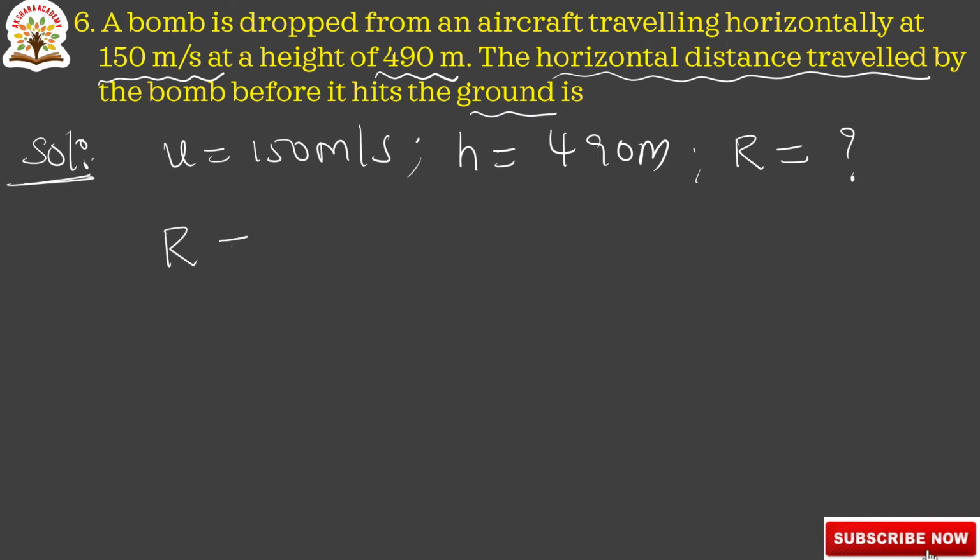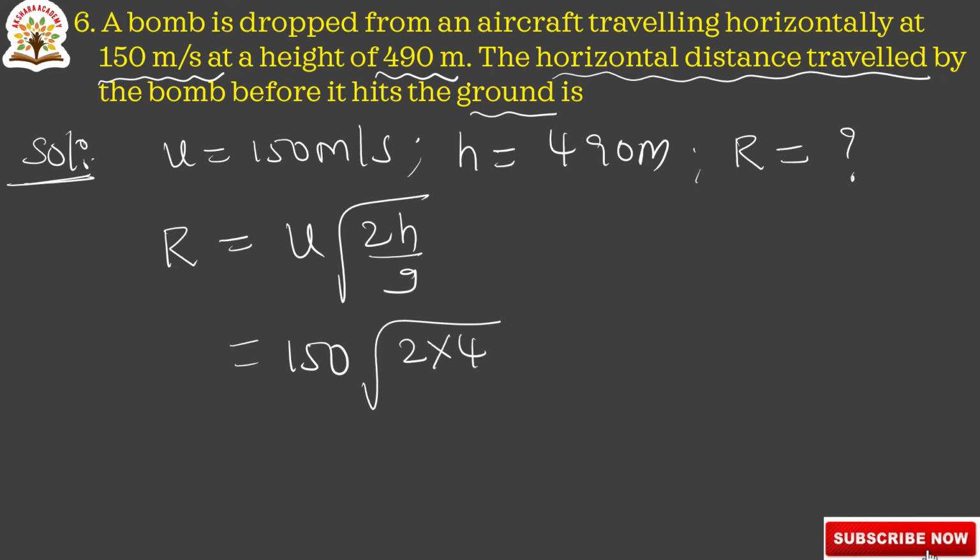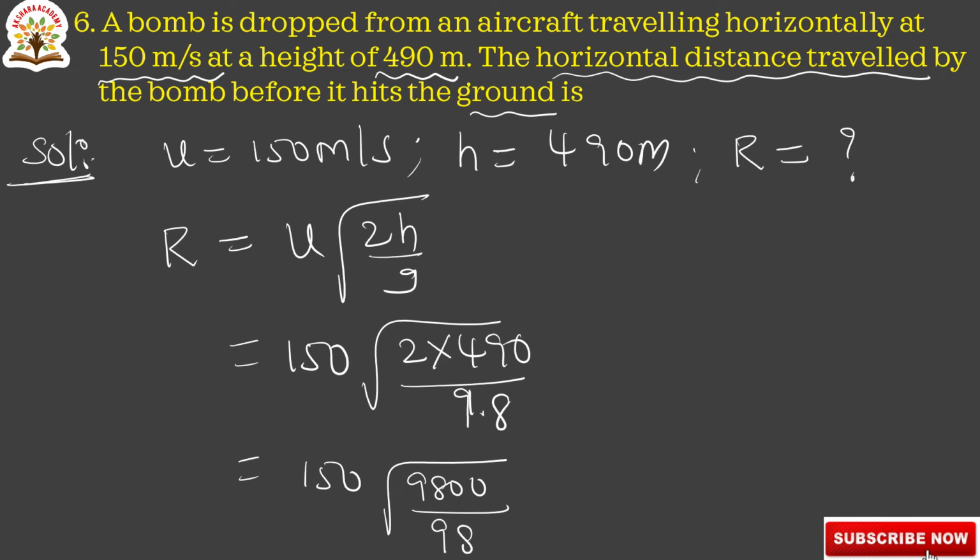So r is equal to u root of 2h by g. So substituting the values, u nothing but 150 and root of h, 490, by g, 9.8. So that is equal to 150 root of 490 into 2, 980 by 9.8, here we are representing the decimal notation, 98, 98 ones are 98, hundreds are 100.